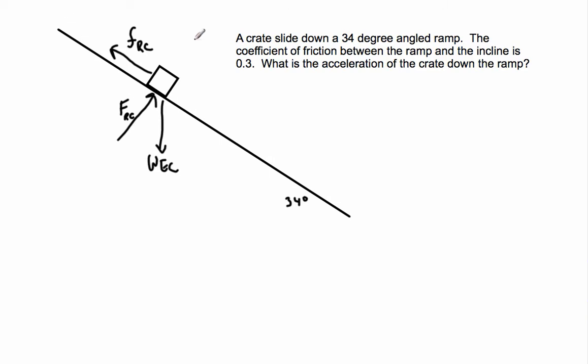Instead of making a horizontal and vertical axis, we're going to make an axis where one of the axes, let's call it the y-axis, runs perpendicular to the incline, and the other axis runs parallel to the incline. What's the reason for doing this? The reason for doing this is twofold. The first is that this way the object stays moving along one of the axes and keeps it into one-dimensional motion. That will make any subsequent work a lot easier.